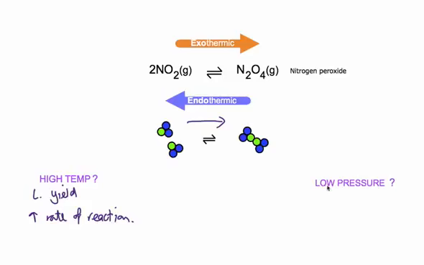But we've got a low pressure, so it's the reverse reaction that's going to be increased, simply because nitrogen dioxide molecules would be further apart at a lower pressure, and therefore the forward reaction would not be encouraged.